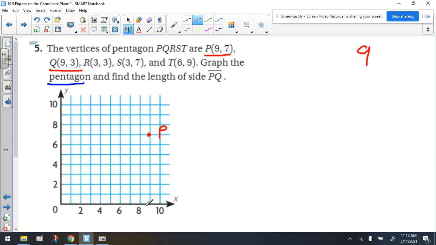Q, over 9, up 3. R, over 3, up 3. S, over 3, up 7.